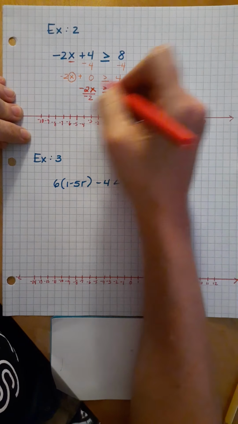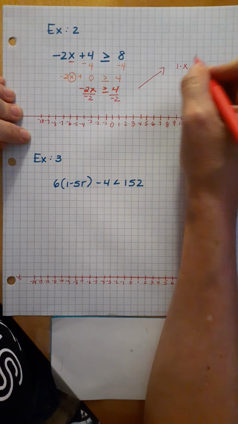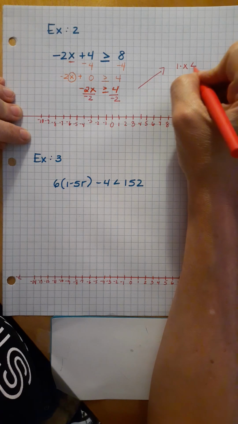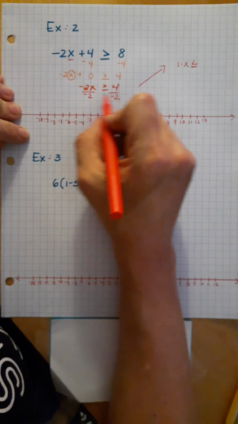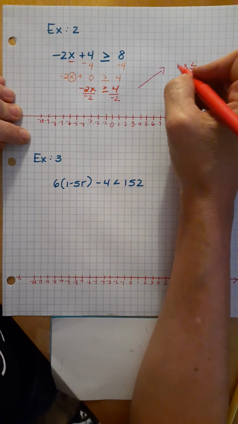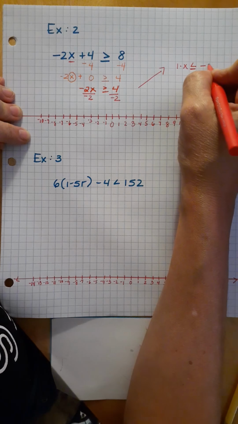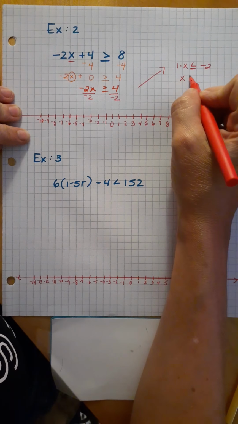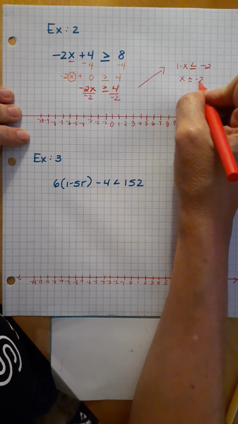So negative 2 divided by negative 2 gives me 1 times x is less than or equal to, because I divided both by negative 2. That works for division on both sides of a negative number or multiplication on both sides. In this case, it was division. 4 divided by negative 2 is negative 2. X is, did we flip it? Yes, we did. Less than or equal to negative 2.